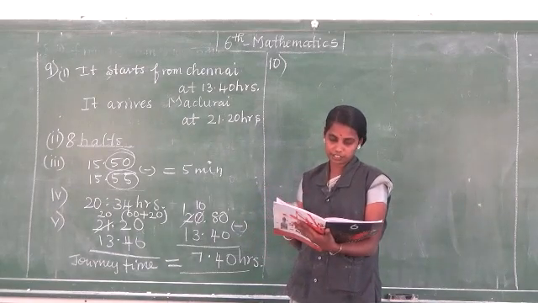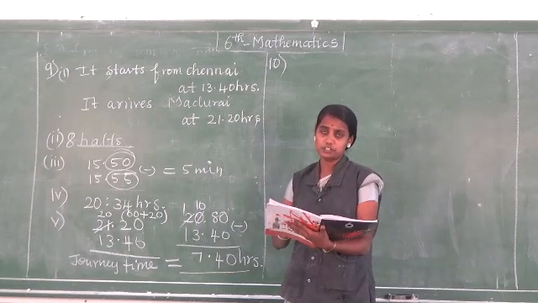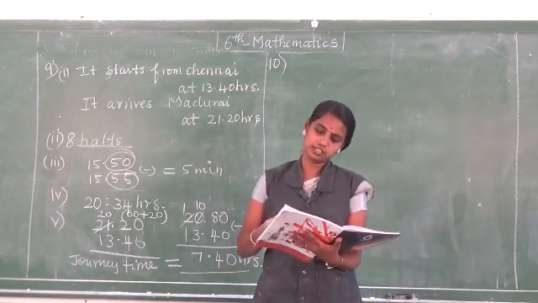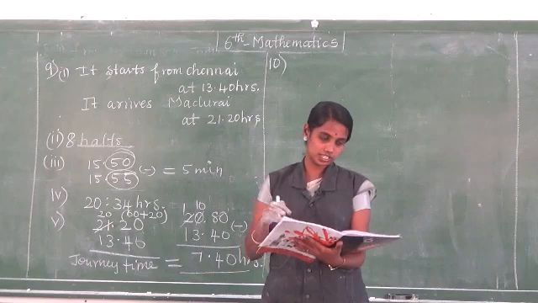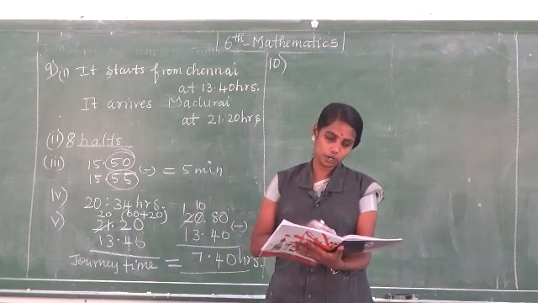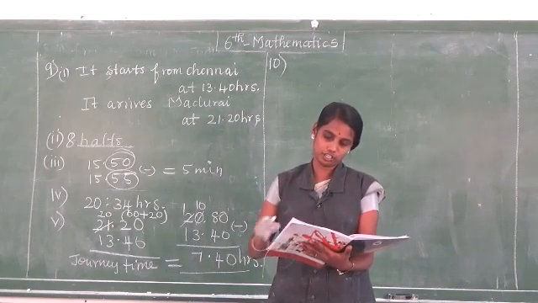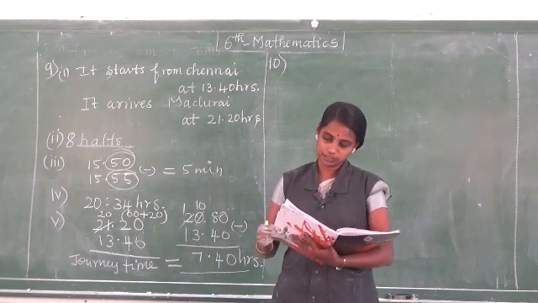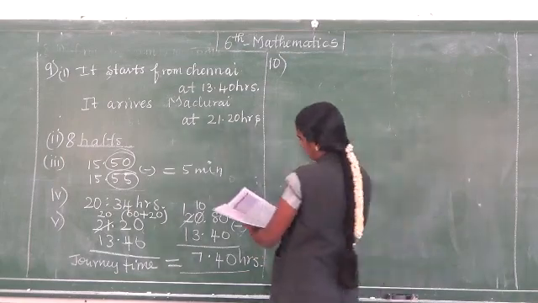So it starts from 10th July and ends on 31st March. 31st March is in the next year. So we are going to find out how many days, one year at a time, one month at a time. So July month.